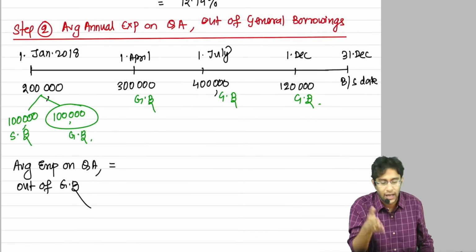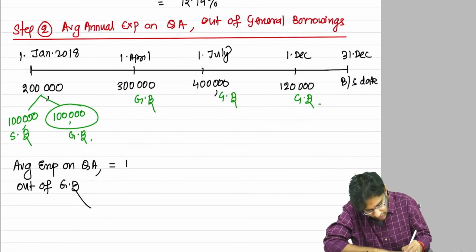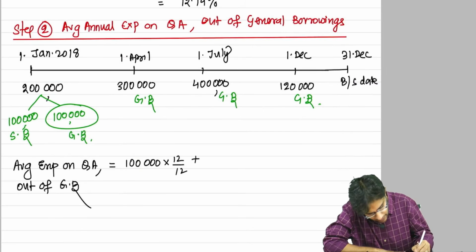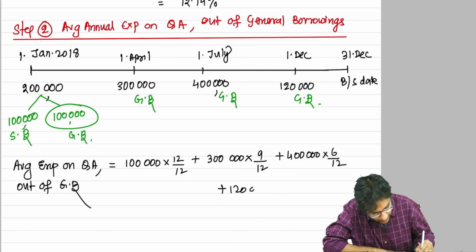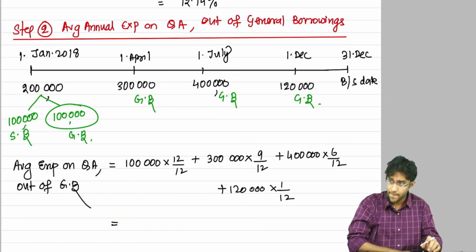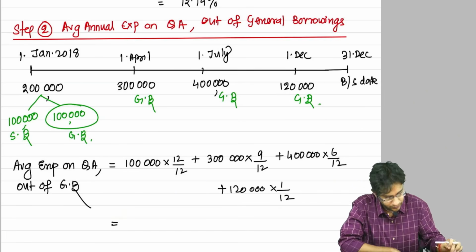You worry about the other 1 lakh into 12 by 12. 3 lakhs into 9 by 12. 4 lakhs into 6 by 12. 1,20,000 into 1 by 12. Do the math.